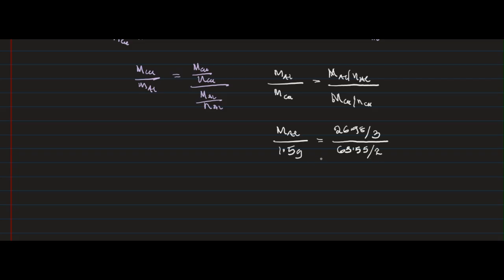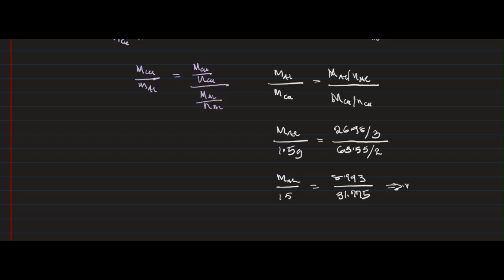So of course, we can go ahead and finish the calculation here. The mass of aluminum that we don't know, divided by 1.5, equals 8.993, I think, divided by 63.5 divided by 2, which gives us 31.775. So you can cross multiply and get the mass of aluminum.